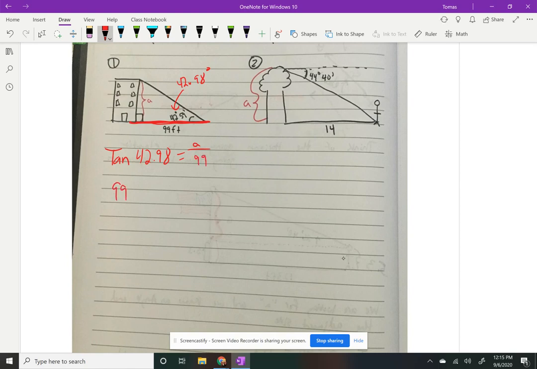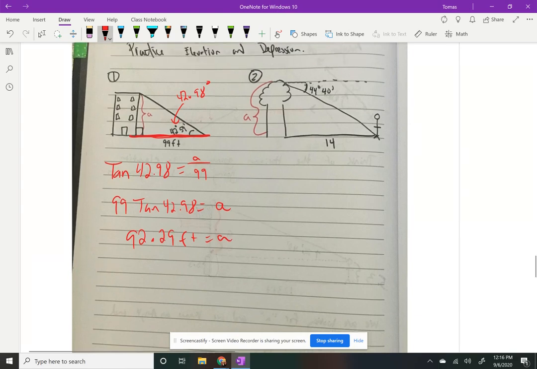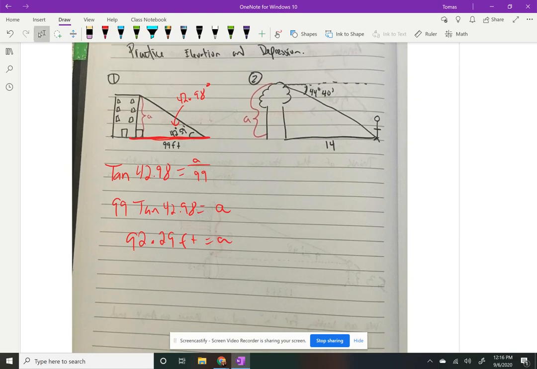So we get 99 times tan of 42.98 equals A. So we go to our handy dandy calculator, type this in, and voila, 92.29, we'll put feet. And that's it. Nothing to it but to do it.